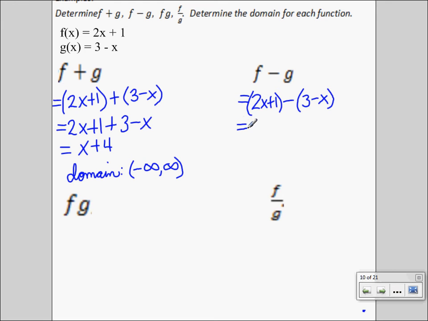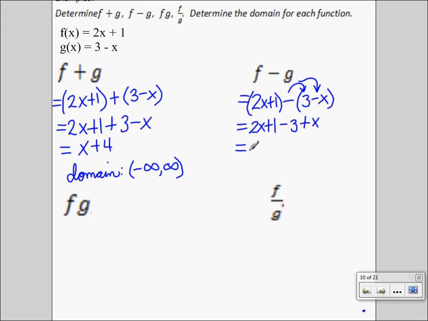Now what you want to do is distribute this negative across everything found inside the parentheses. So we just write our same problem of 2x plus 1. This time I dropped the parentheses. So negative 1 times 3 is just negative 3. And negative 1 times negative x is just a positive x, because a negative times a negative is a positive.